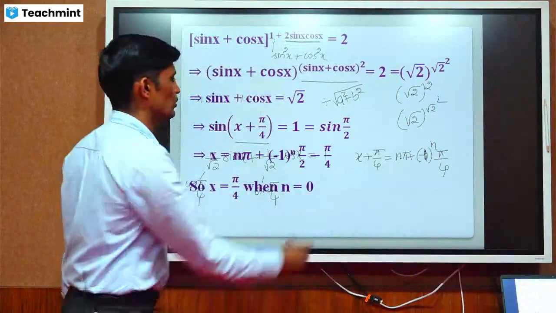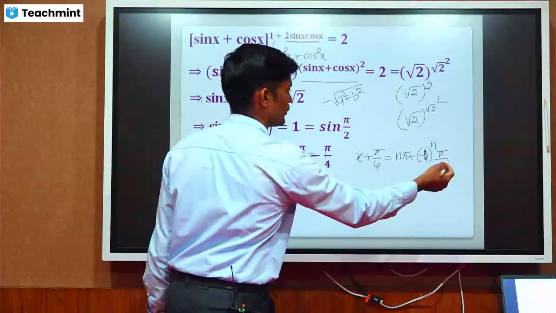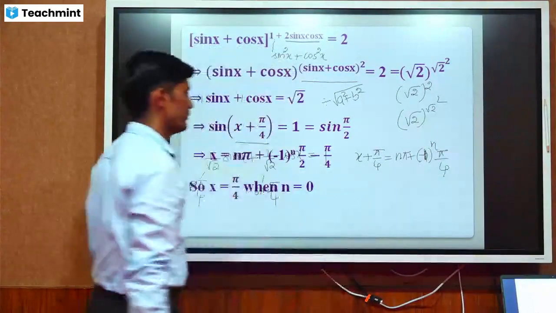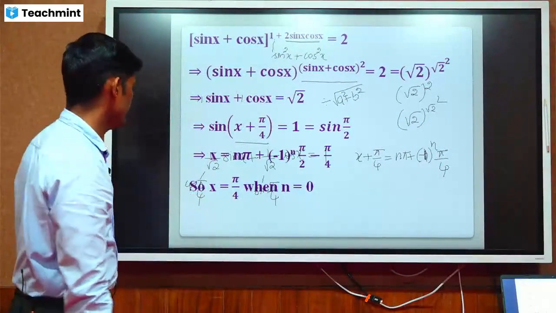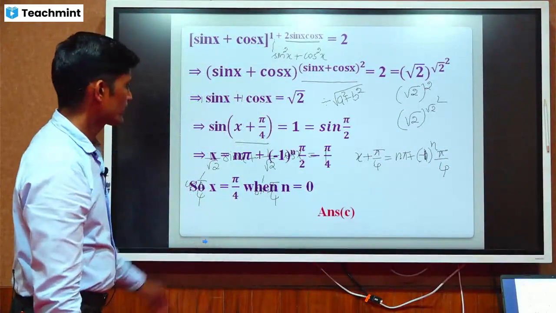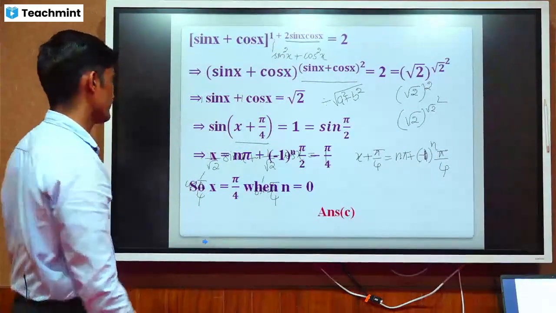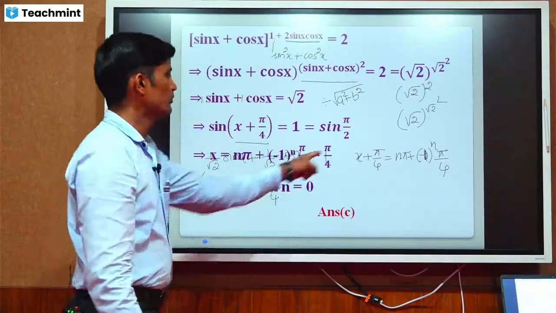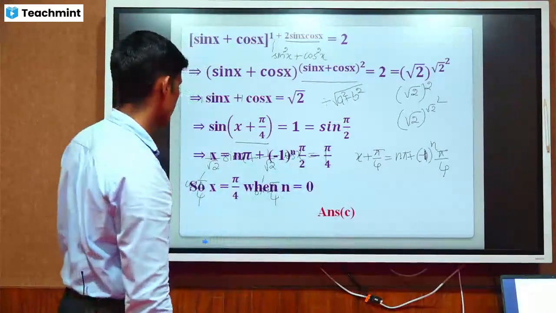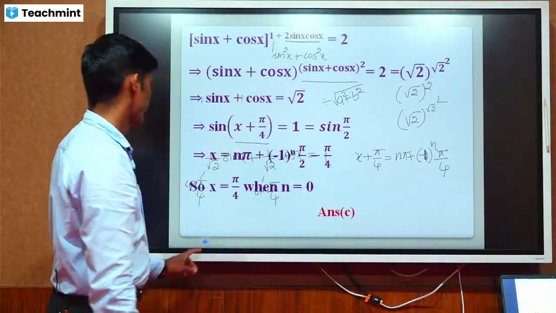So x is equal to n pi plus minus 1 to the power n into pi by 2 minus pi by 4. And so x is equal to pi by 4 when n is equal to 0. Therefore, answer is C. When n is equal to 0 here, value of x is pi by 2 minus pi by 4, that is pi by 4.